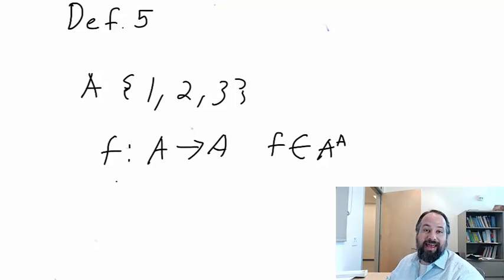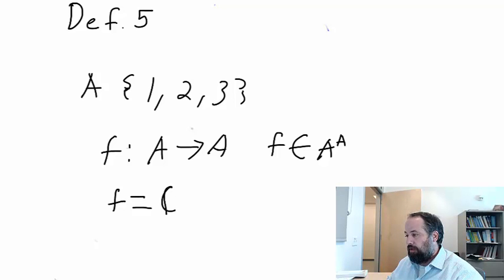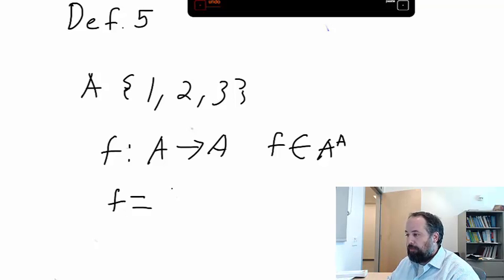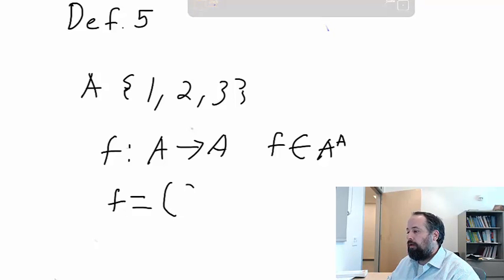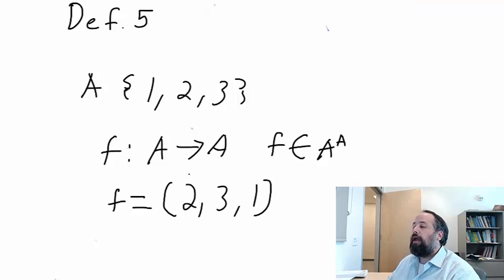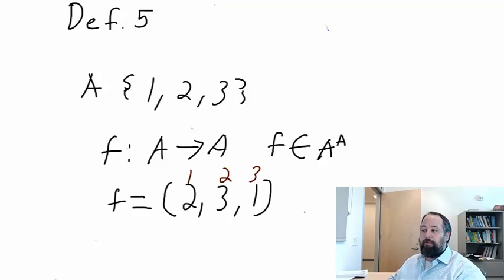We call function f here a permutation because essentially we could write a definition here: f is (1, 2, 3) mapping to (2, 3, 1). What we've essentially done is taken 1, 2, 3 and replaced them with those values.